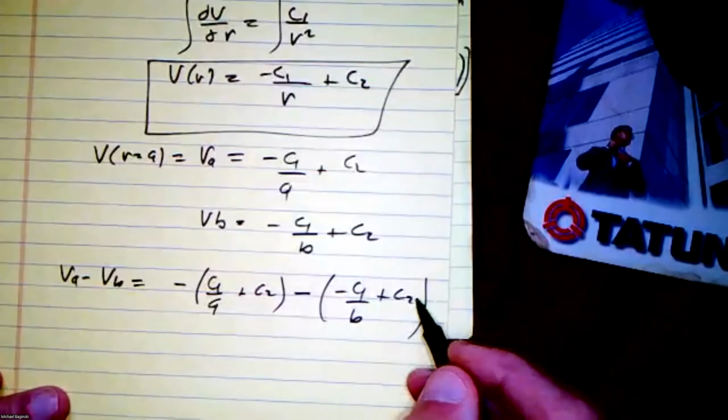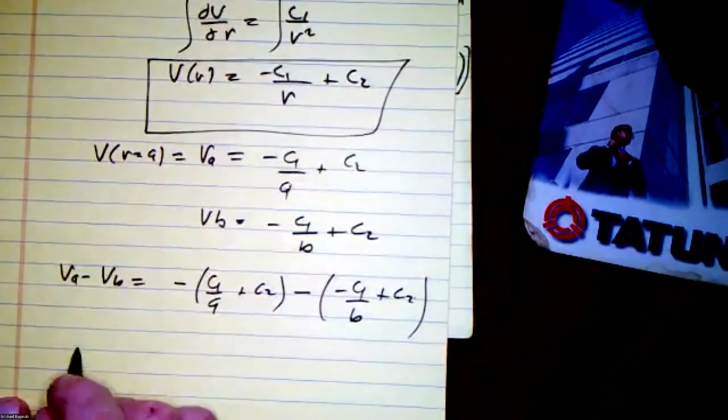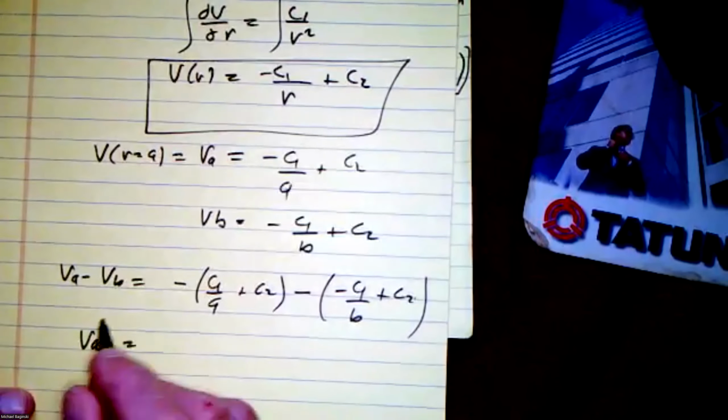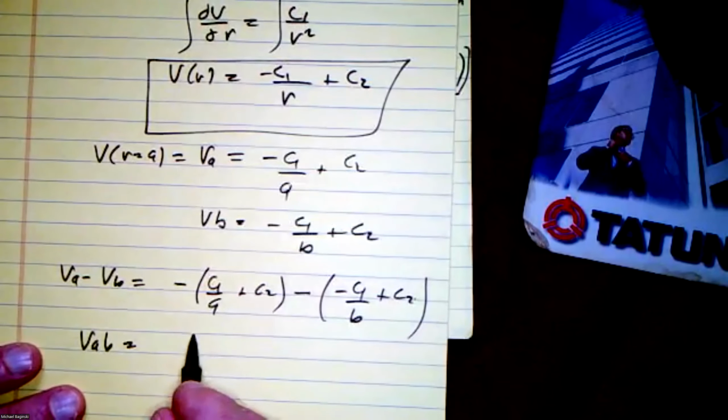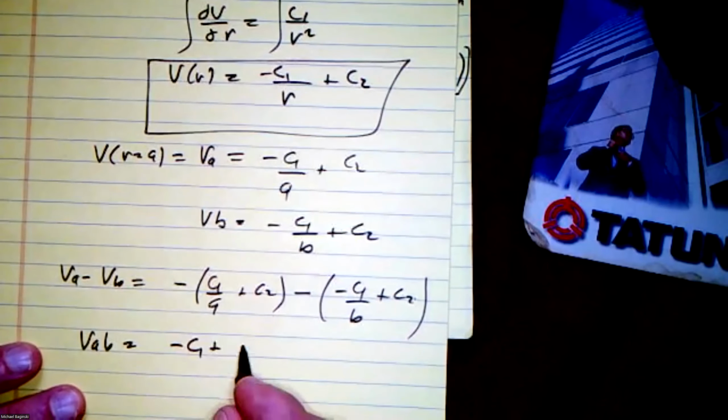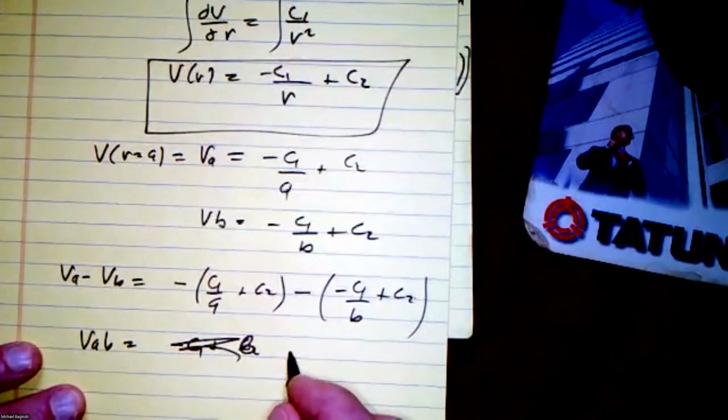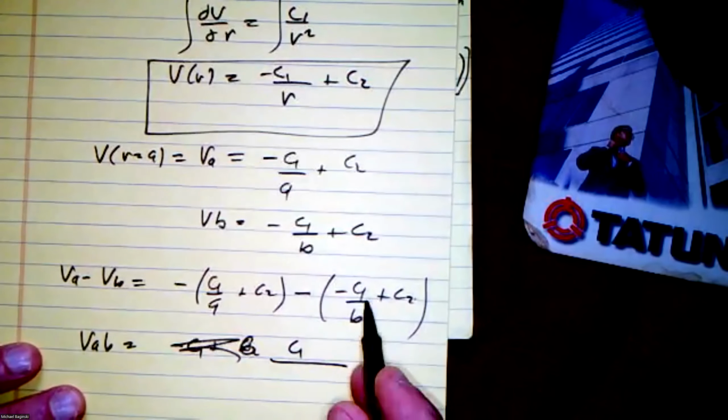And you can see that the C2s cancel. So I have VAB, which is VA minus VB, is going to be equal to C1, that would be positive.